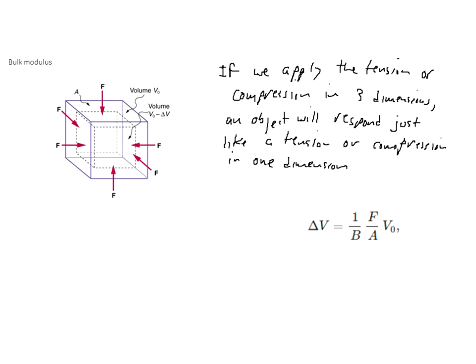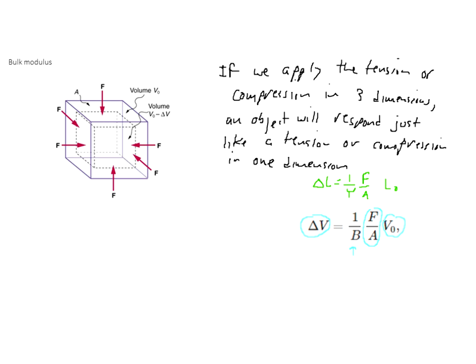So again, notice the parallel nature here. Before we had delta L equals 1 over some constant, F over A, L0. So the exact same setup. In this case, we have an initial volume, and we're exerting some pressure on that volume, and that volume is going to change based on the material property.